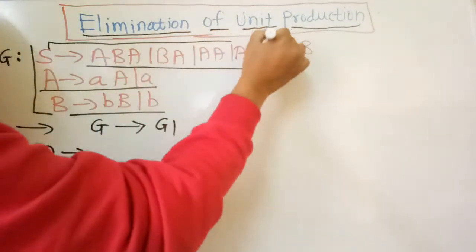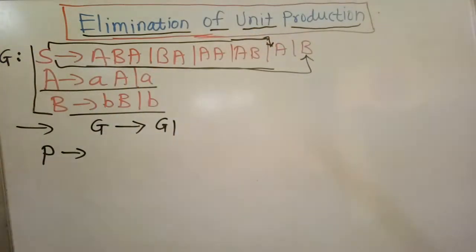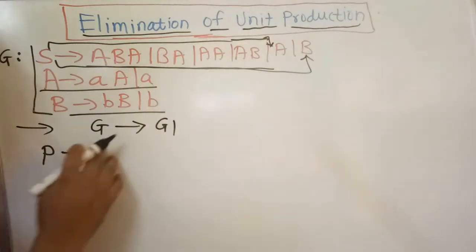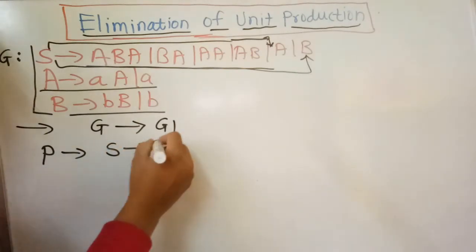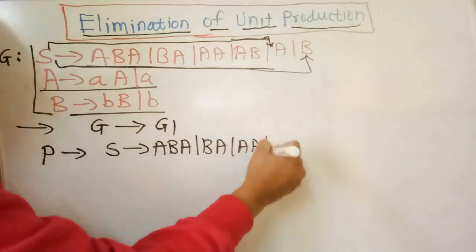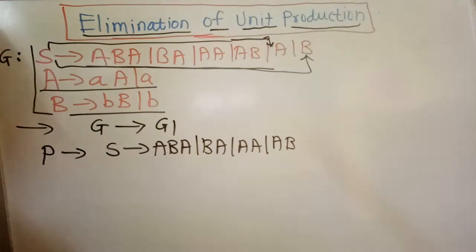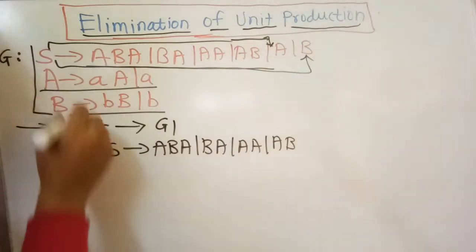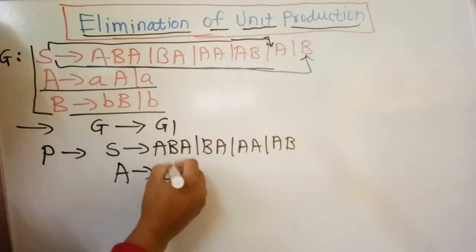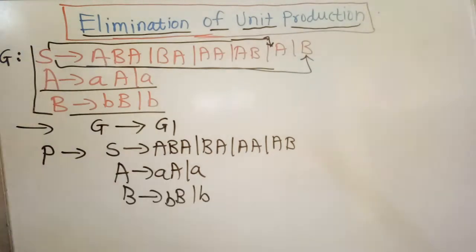That is S gives A and S gives B, which are actually unit productions. So don't include them into the grammar rules of G1. So it is like S gives ABA, or BA, or AA, or AB. It is not actually an or, but a shorthand for all the rules listed on one line, and all are compulsory. Then we list A gives AA or A, and B gives BB or B.